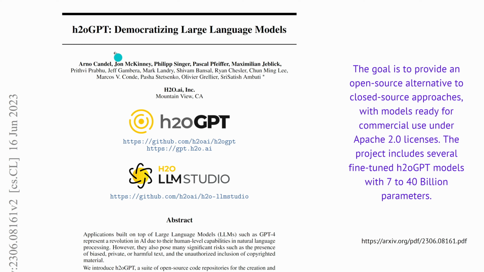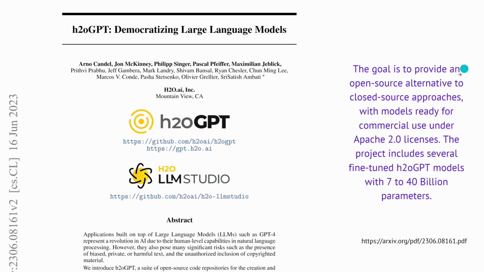And I told you, open source, H2O GPT, democratizing large language models. June 16, 2023, a new arXiv publication. And they say, hey, we want to have an open source GPT for the community. Yes, we are an American corporation, but we want to build something that is open source and free for the community. I think it's great.